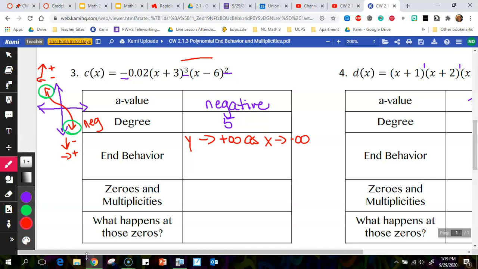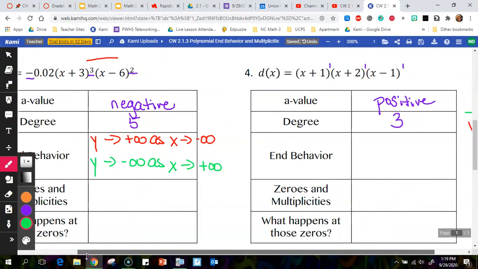And then on the right side, let me do a different color. Let's do green. Y approaches negative infinity as x approaches positive infinity.